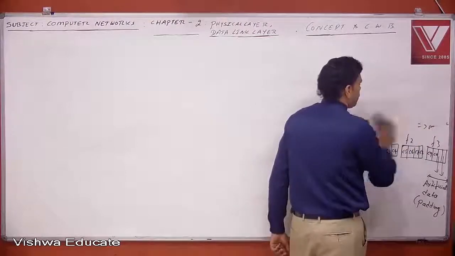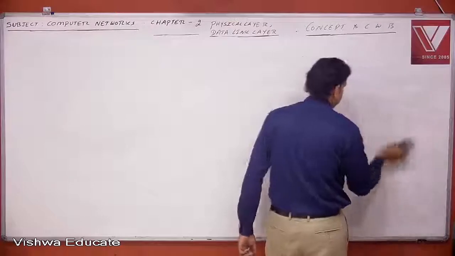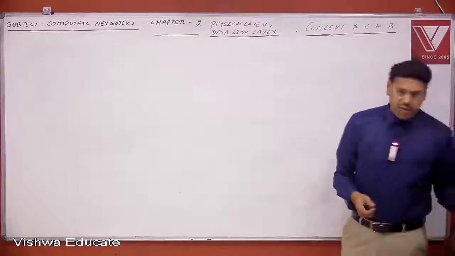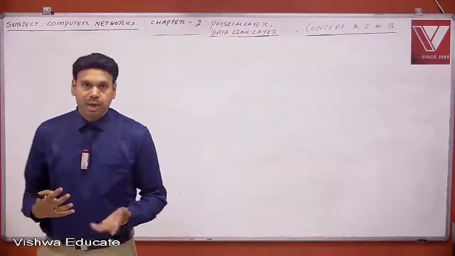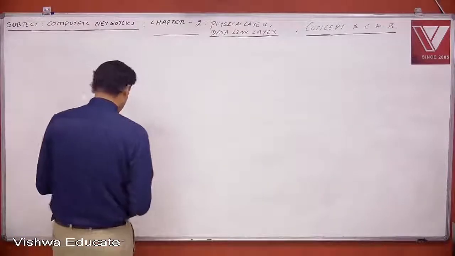So what is the disadvantage? The disadvantage is, if you are unable to satisfy the data with the specified length, then automatically it leads to padding. That means extra data you're supposed to inject into that.